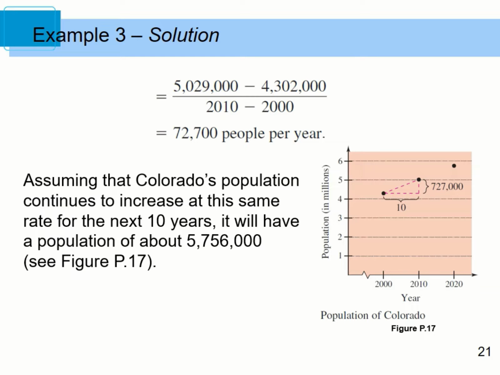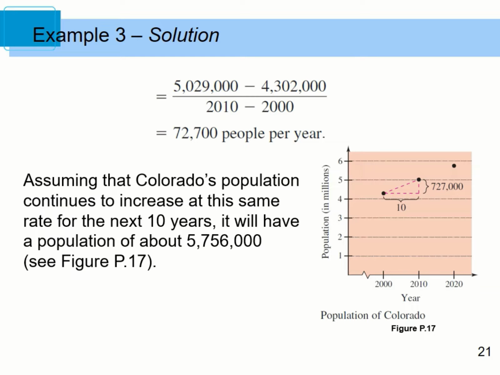727,000. Now when we want to find the population for the year 2020, we know that from here, another 10 years, the population will grow another 727,000 again.